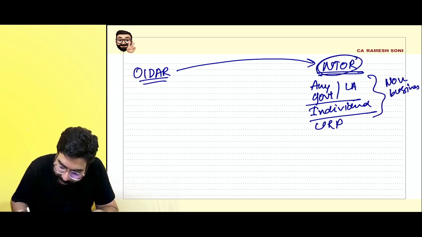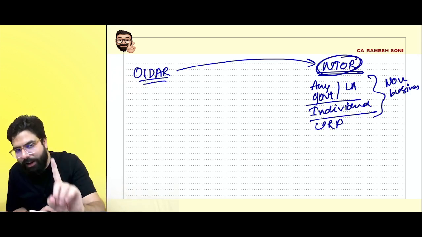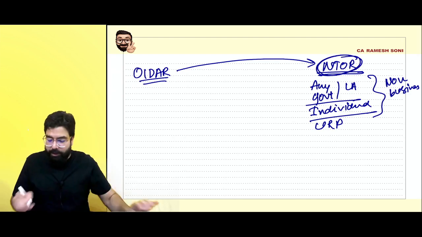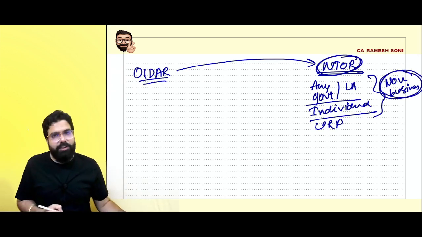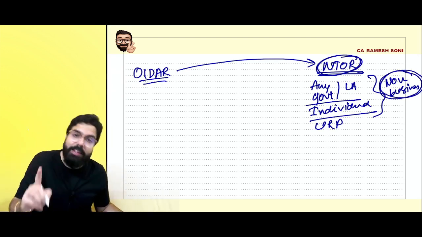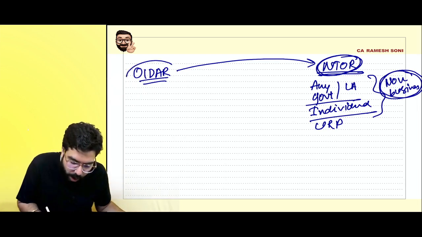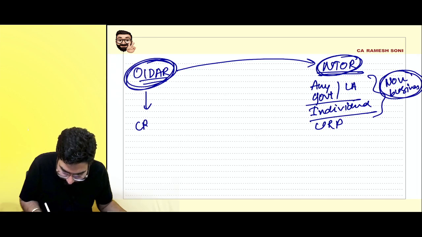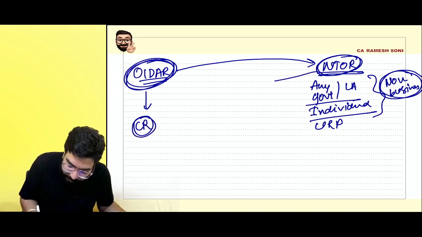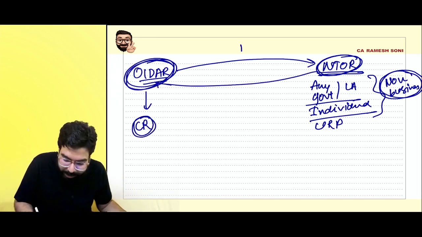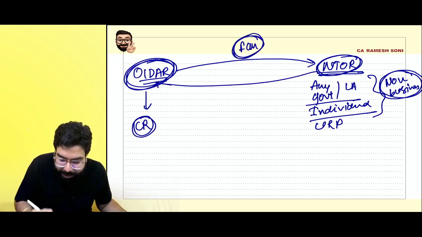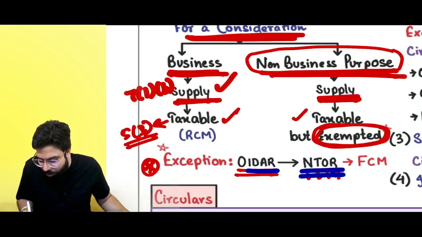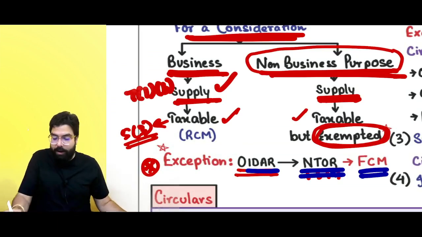Then they are called NTOR. In this scenario, the government told the OIDAR provider has to take compulsory registration in India, and he will collect the GST under forward charge mechanism and pay it to the government. Always remember this, OIDAR services to an NTOR, forward charge mechanism shall be applicable.